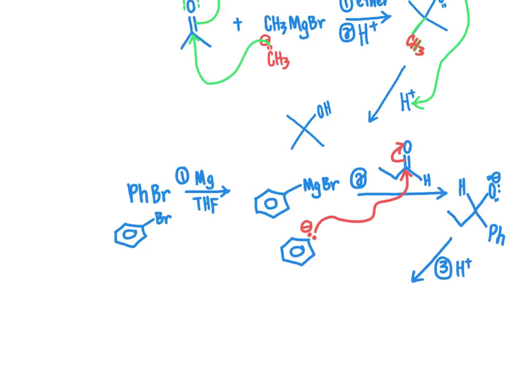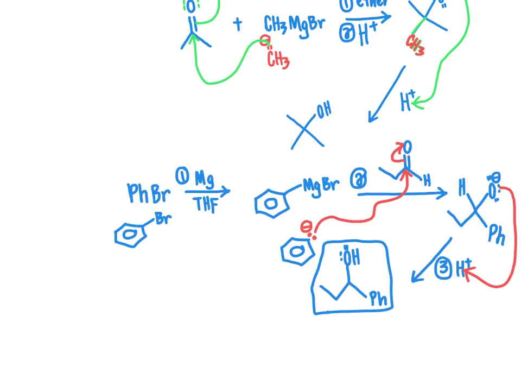And that's going to instigate an acid-base reaction between the oxygen anion and our proton. So we're going to protonate the oxygen anion to lead us to our final product here. Go ahead and plug in that hydrogen to give us our final product.